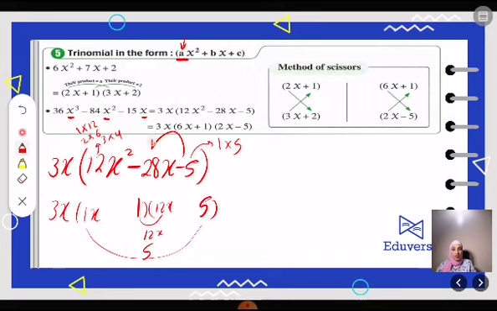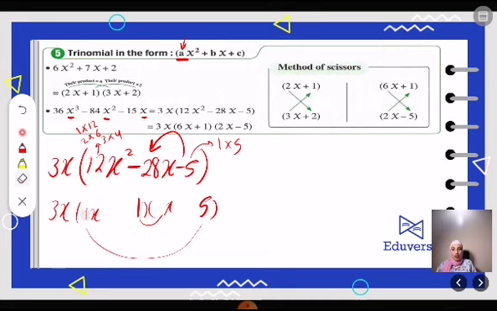Their difference should equal 28, that's not true here. Then we will switch their places. I'll put the 12 here and the 1 in here. Their difference also is not 28.